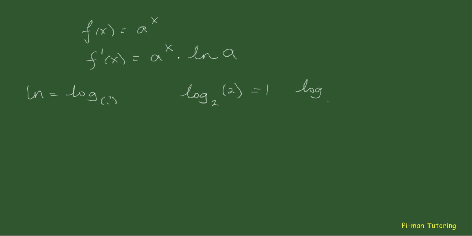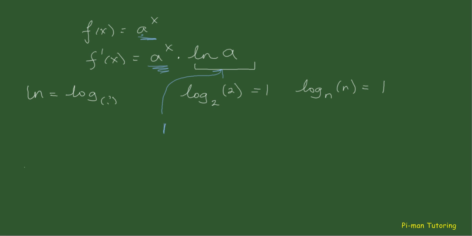The log in base n of n is equal to 1. And that means that if we can find the base of this natural log, then this piece of the derivative can be reduced down to 1, and we would actually have a function which was its own derivative. So what is that number?